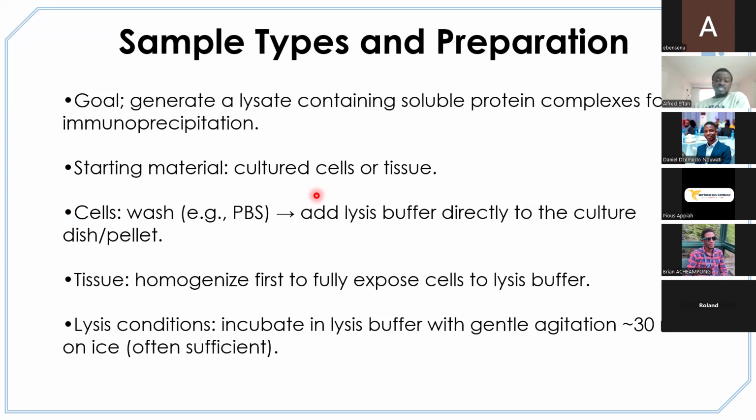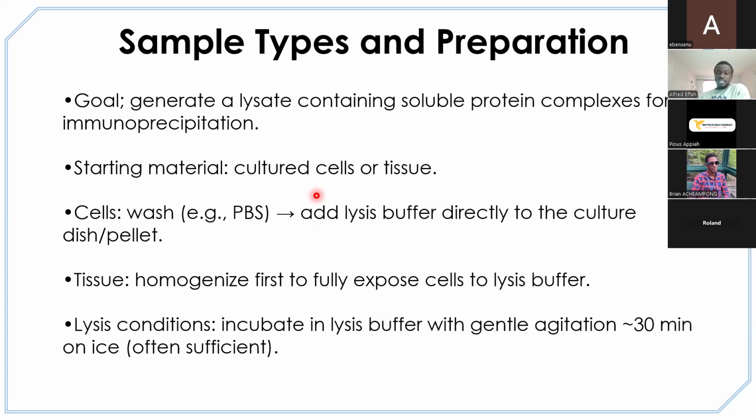You can also use tissue. You can generate knockout mice, knockdown mice, express the proteins in mice, take, let's say, their liver, the spleen, any organ that you think that's where the protein will be expressed. Now you perform Co-IP, and then you see whether there was an interaction or not.